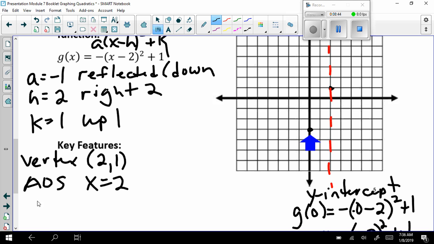And the reason I did that is because now I can use my symmetry to get the other point. So see right there? It's 2 to the left of that line. I'm going to go 2 to the right of that line. And that'll give me that point. And that's enough to draw in my graph.